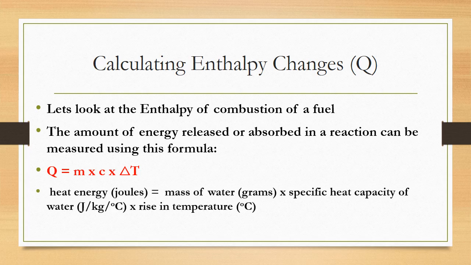Q is the heat energy in joules, equals the mass of water, M, in grams, times the specific heat capacity of water, which is about 4.1, in units of joules per gram per degree Celsius. That's C, times the rise in temperature, the change in temperature, delta T, because it could also be negative. But for fuels, it's going to be exothermic, so delta T will be positive.